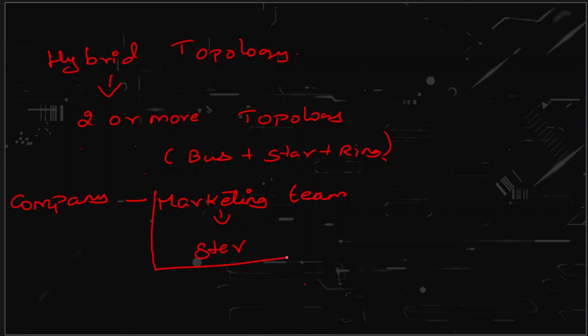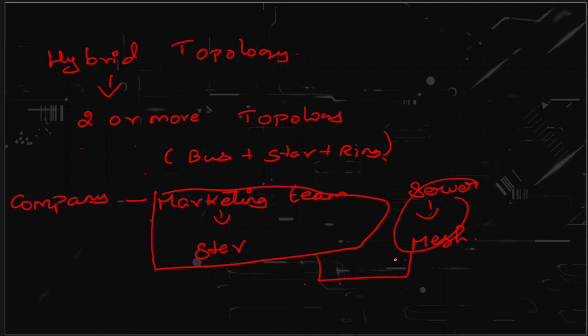This one uses a star topology, and then next the server room uses mesh topology, and they all are connected using bus. So these two are connected using bus topology. Okay, so this is the backbone.